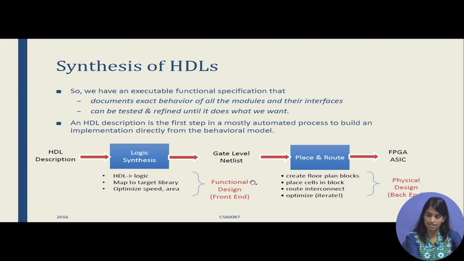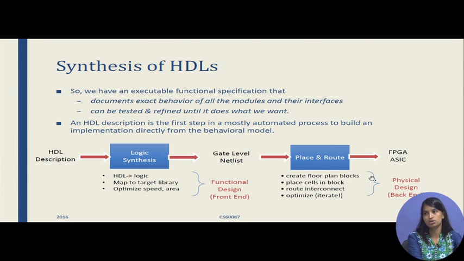So we place the design and then we connect different modules to get the whole system. Again we optimize, and we check which is the optimized path that will give us the highest speed, less area, less power. All these things are done. So now we have a design on the FPGA. This process is called physical design or backend design. So this is how we convert an HDL description into an FPGA or ASIC. This is how we build.